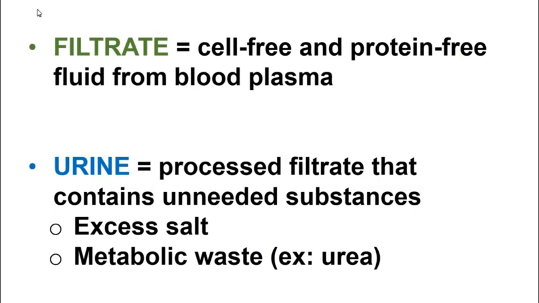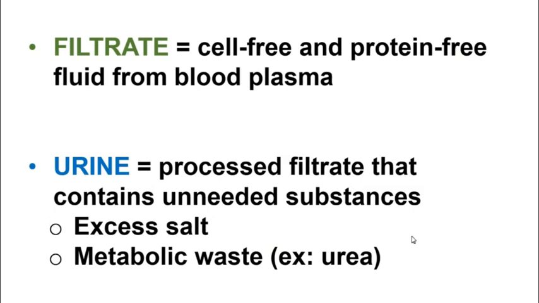Urine is the filtrate that has been processed heavily and that contains unneeded substances. Urine has been processed to reclaim a lot of the water, electrolytes, and glucose found in filtrate. It also contains a number of unneeded substances. Any excess salts like sodium and potassium will be released into the urine and ultimately leave the body, as will metabolic nitrogen-containing wastes like urea, which are produced as a byproduct of protein breakdown.